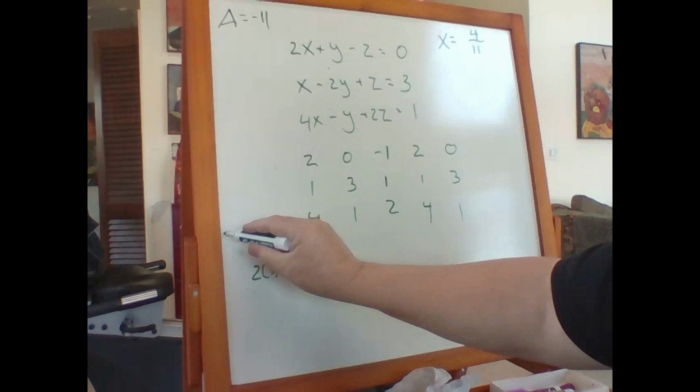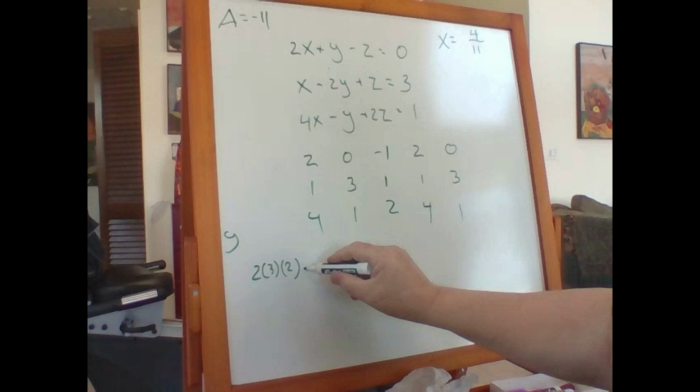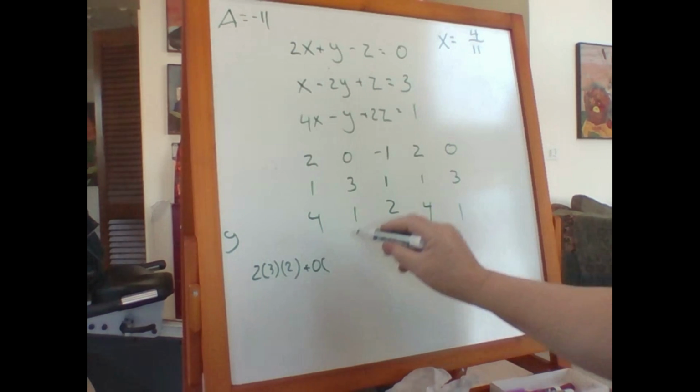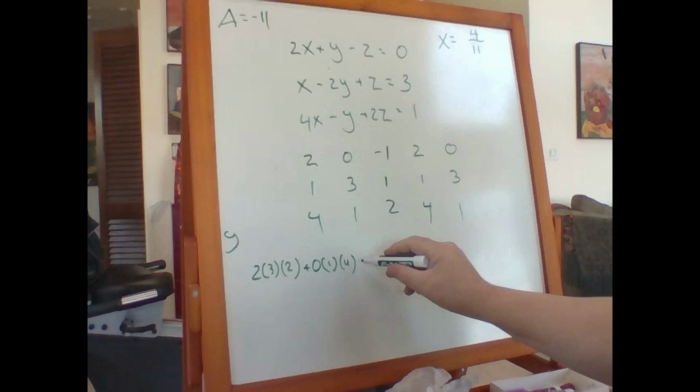And again, we're solving for y right now. Okay, 0, 0. That's times 1 times 4. We know that's 0.